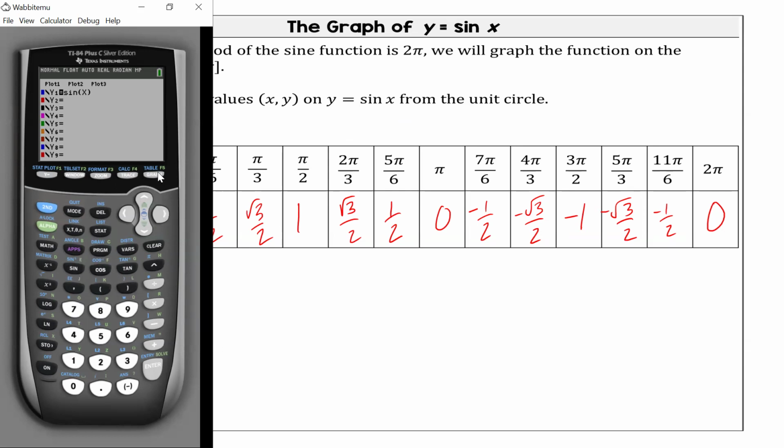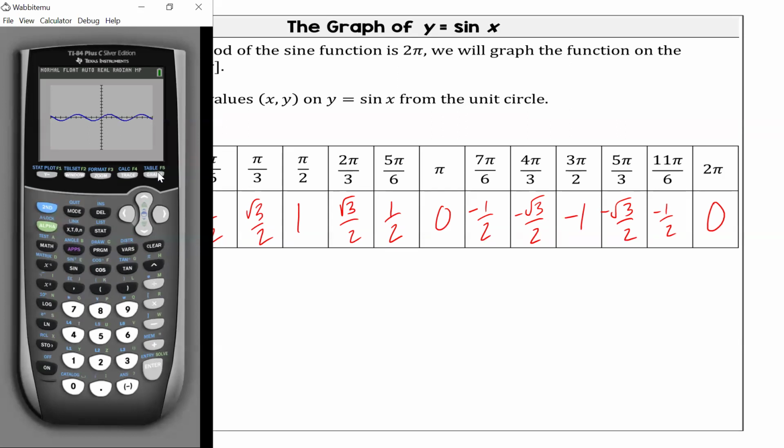Oh, you're so funny. All right, so when I hit graph, look at it. Our periods and our amplitude and all of these things. No. All right, we're going to adjust our window. We're going to adjust our window to fit the values of our table, okay? So looking at our x values, we're counting by 6s. Do we see that? Pi over 6, pi over 3.